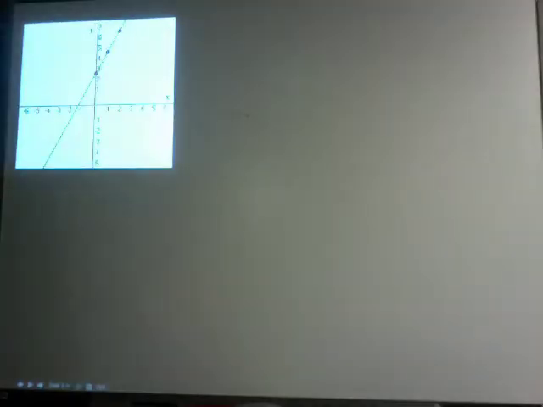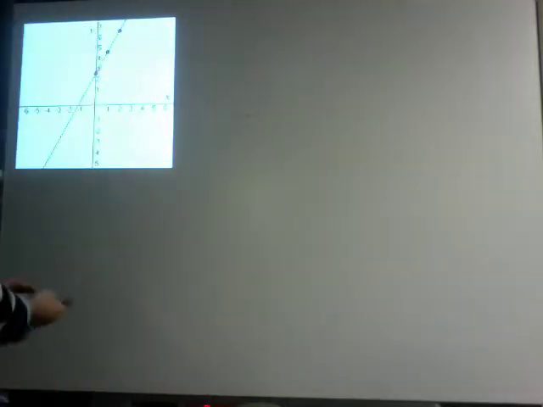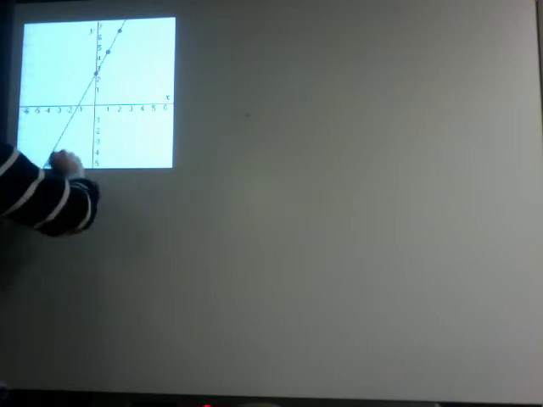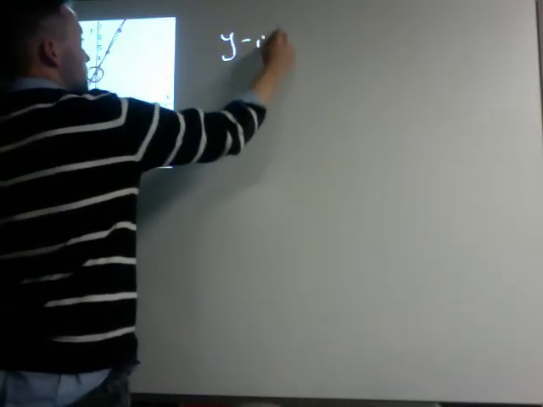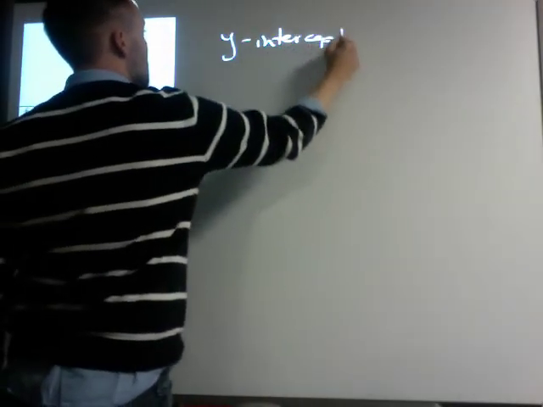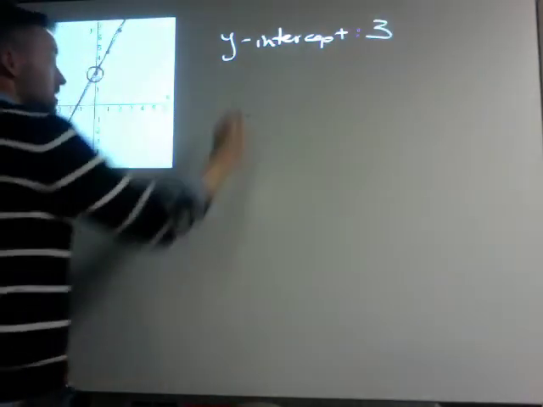Alright, here's another one. This one even has the points listed off. Let's look at what's the y-intercept, what's the slope. Where does this line cross the y-axis? 1, 2, 3. The y-intercept is 3, positive 3. What's the slope?